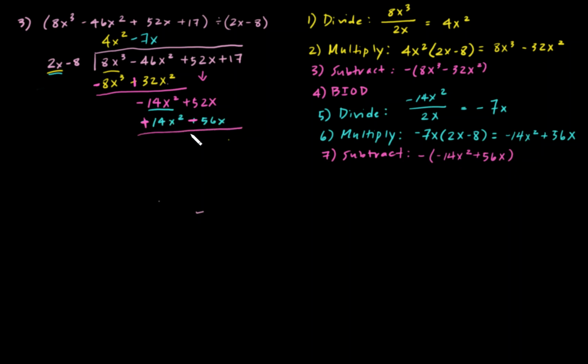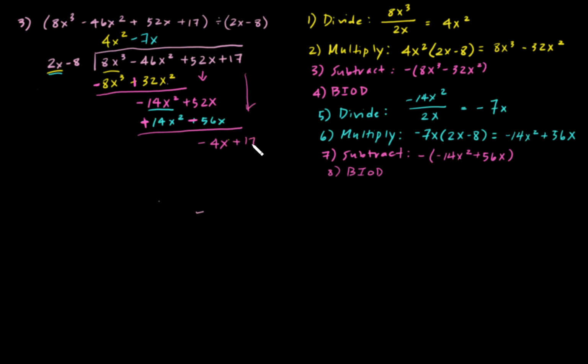So we have a negative 14x squared and a positive 14x squared. So that ends up becoming a 0, plus 52x minus 56x. So that's a negative 4x. Okay, and then I'm going to bring it on down.